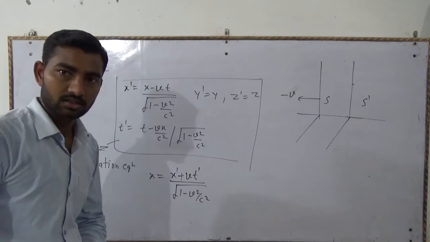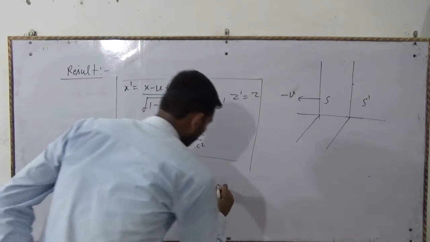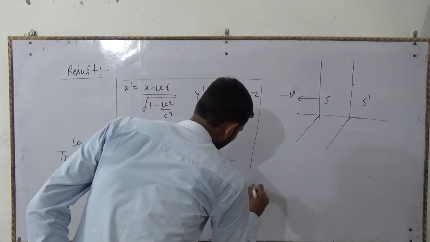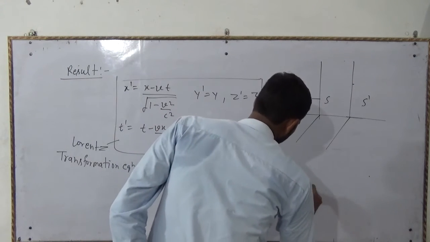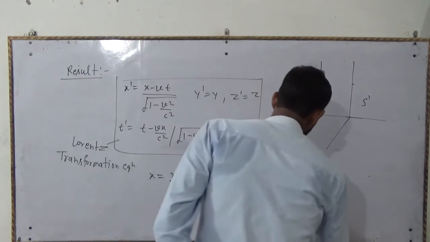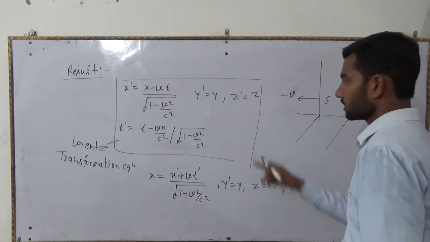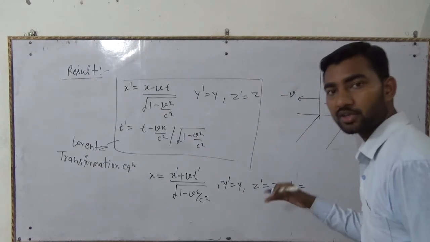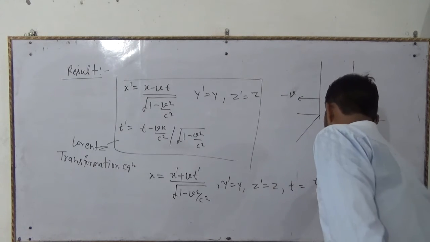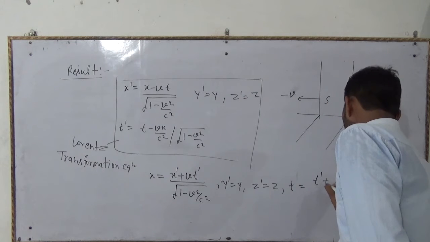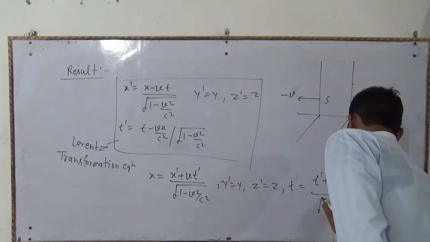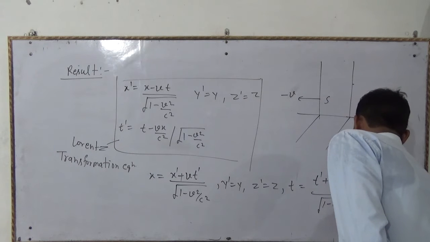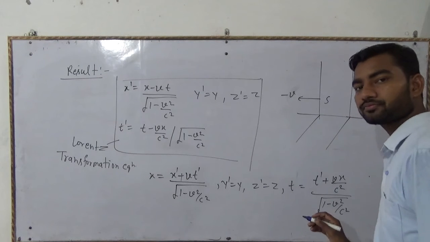Now y is equal to y dash, z is equal to z dash, and t is equal to t dash plus vx dash by c square upon under root 1 minus v square by c square.